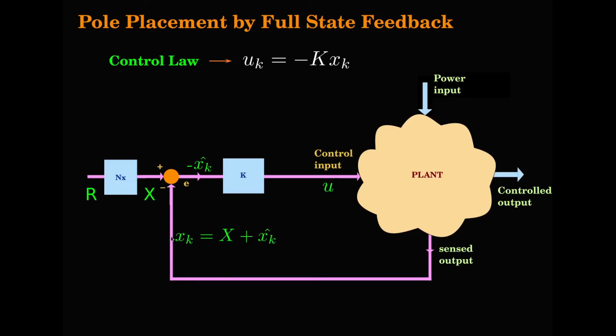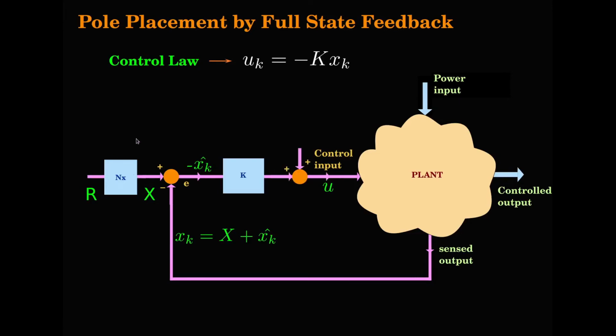This is x. But what we wish to control here, the reference, is, let us say, the speed of the motor. So omega reference will be there. But the x here should have the reference for both the states, in this case IA and omega. So the job of this Nx matrix here is to convert the fixed reference of the speed to the nominal operating point IA, omega, and that is what will be used for comparing with the state vector. So that is the job of Nx.